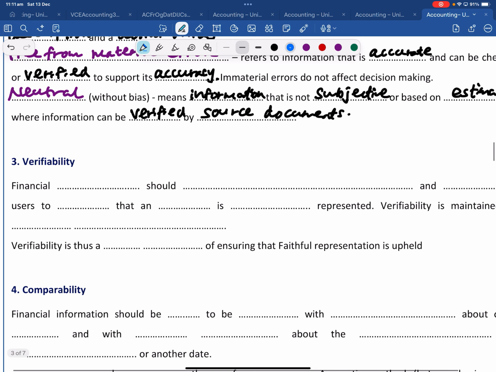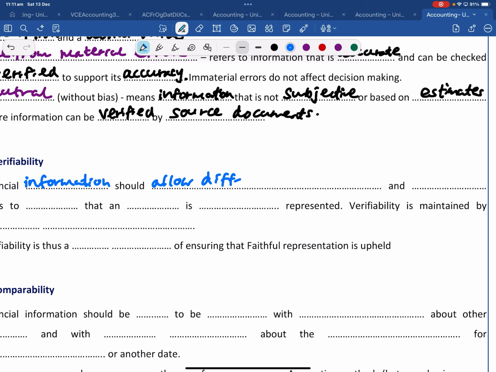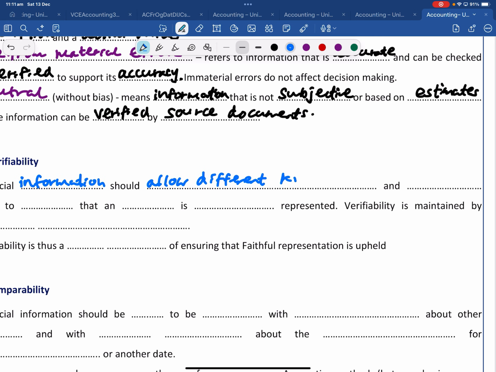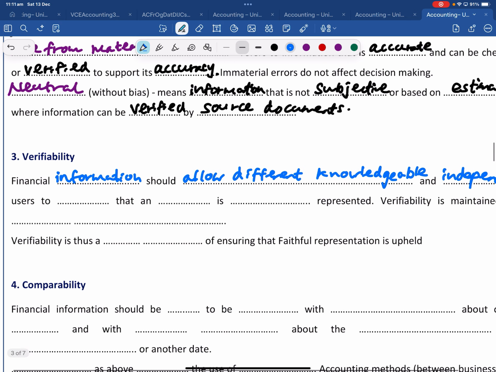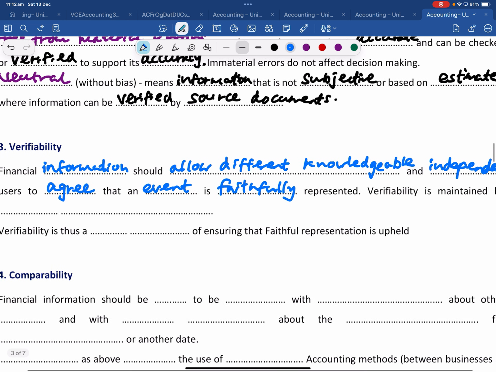Financial information should allow different knowledgeable and independent users to agree that an event is faithfully represented.